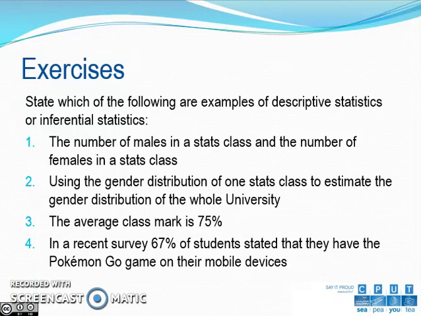If we had the average mark and we did further testing, like a hypothesis test to see if the average is going to be the same or if it's going to be more or less next year, that would be inferential. But since we are simply reporting 75%, number 3 is actually descriptive statistics.